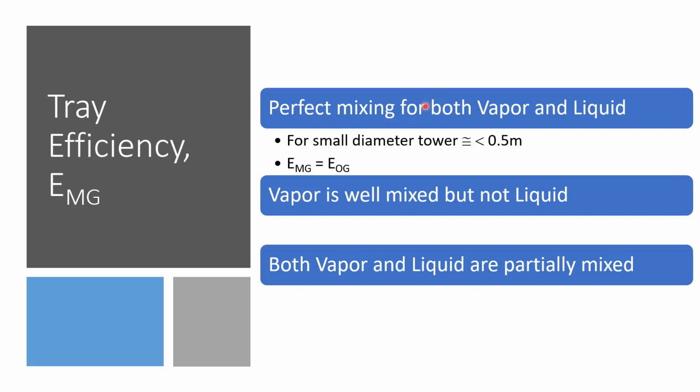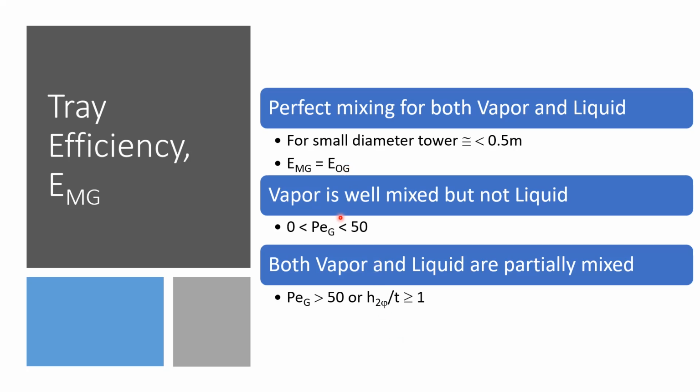Even if we have perfect mixing, we are not supposed to use a tray tower. The second and third scenarios are based on the value of the Peclet number, and we will talk more about it, and the value of H2 phi over T. Now if you remember, H2 phi is a parameter that we calculated when we were calculating the entrainment in chapter 4. And T is the tray spacing between the column.